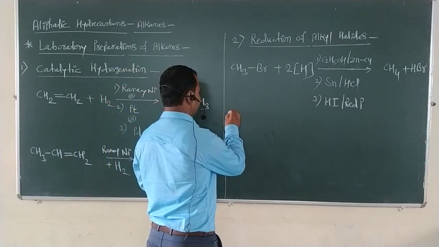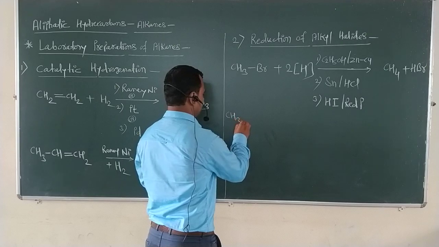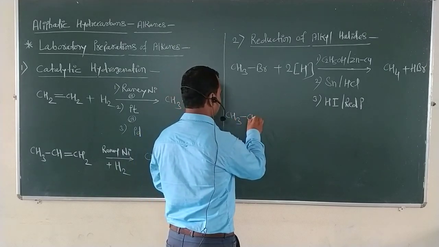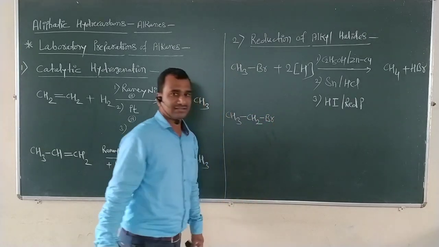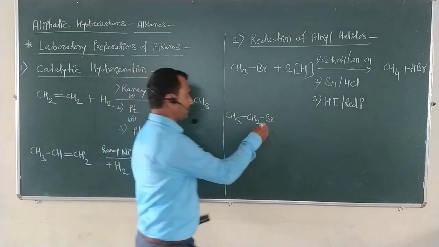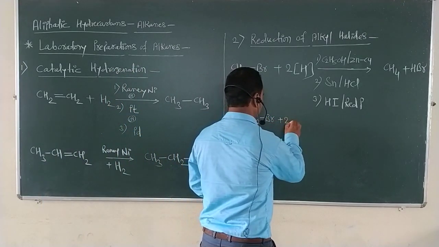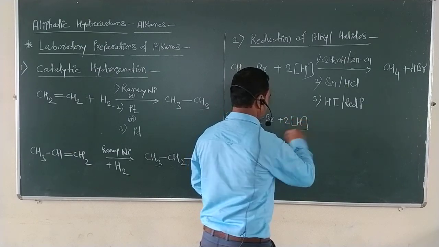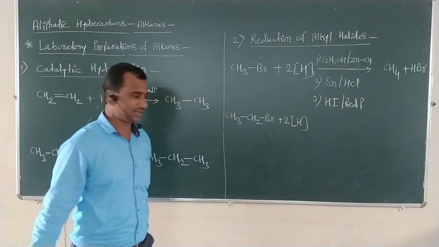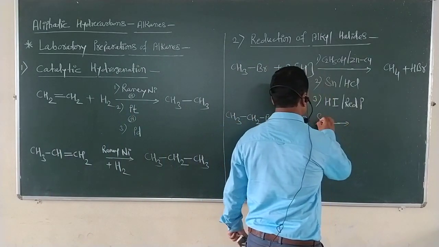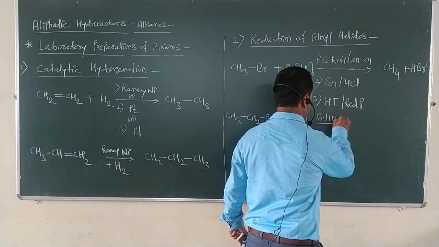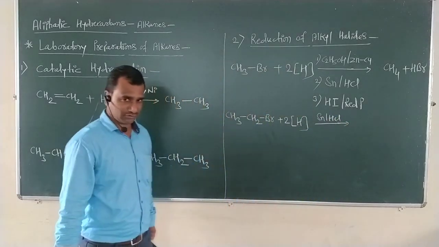As a second example, take CH3CH2Br. Take nascent hydrogen in presence of, for example, tin in presence of HCl.